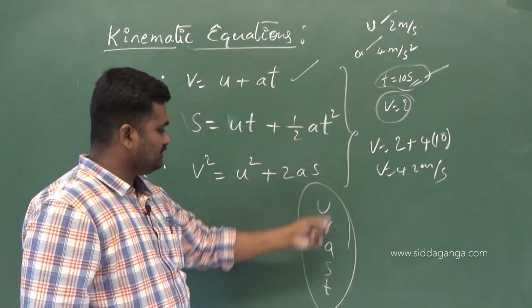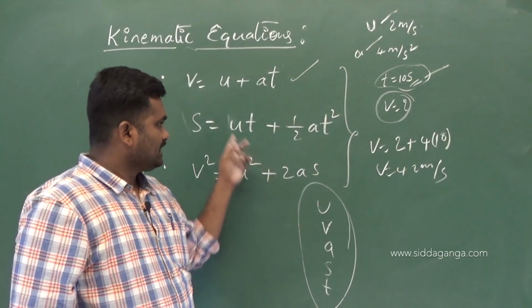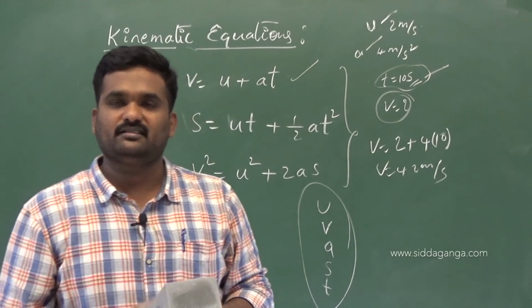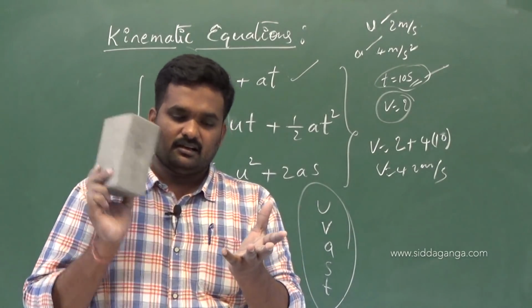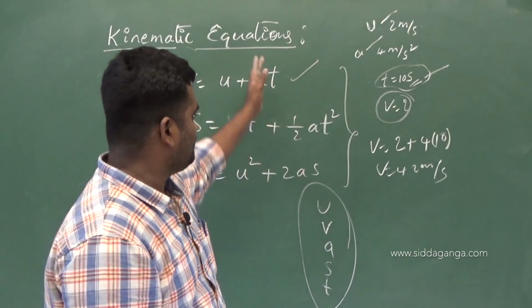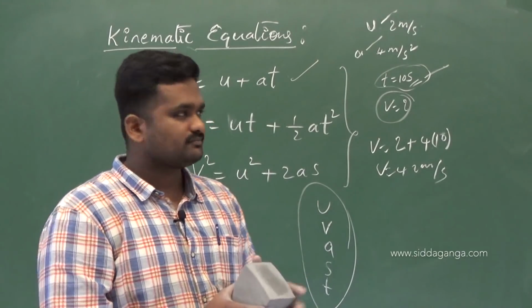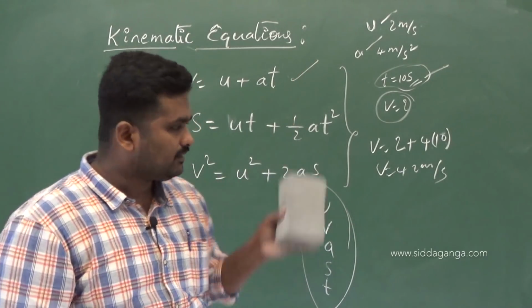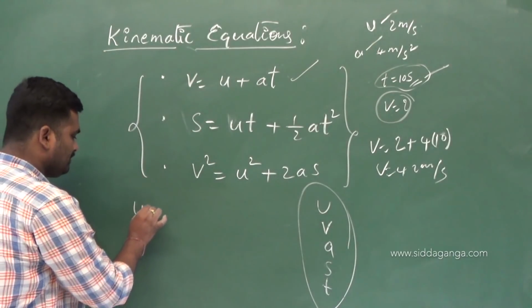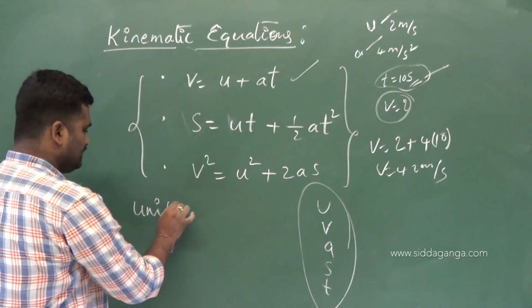Okay. So this is about how you have to make use of these kinematic equations while solving problems for various parameters. The known parameters are U, V, A, S and T. This is how you solve with these parameters when studying kinematics, and all these equations are applicable only for a body moving with uniform acceleration. Keep this point in mind.